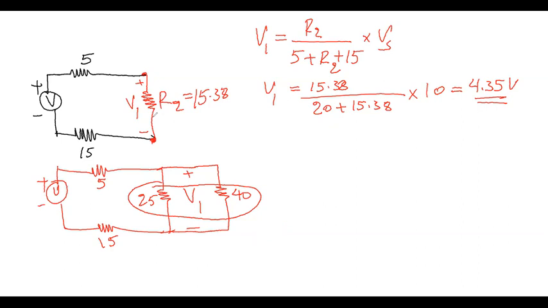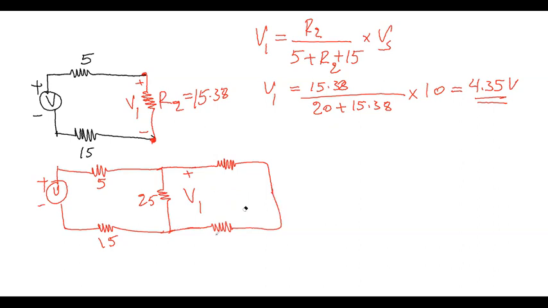Now let's go to the final step. If we redraw the circuit, the 40 ohm resistor is exactly the same as having a 30 ohm resistor here and a 10 ohm resistor here. So this is a 10 ohm resistor.